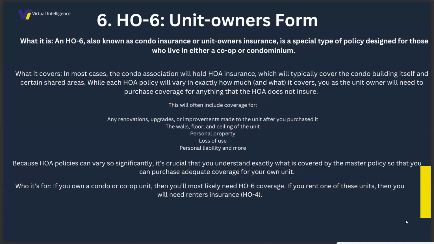Because HOA policies can vary so significantly, it's crucial that you understand exactly what is covered with a master policy so that you can purchase adequate coverage for your own unit. If you own a condo or co-op unit, then you'll most likely need HO6 coverage. If you rent one of these units, then you will need renter's insurance or an HO4.